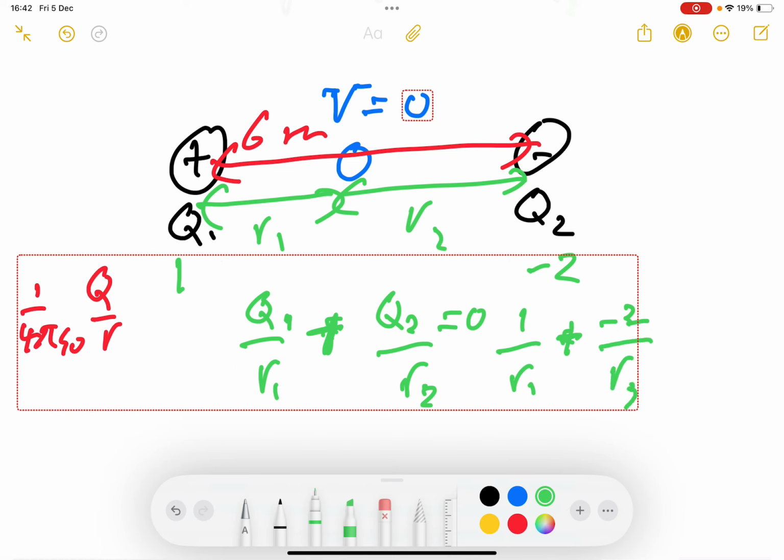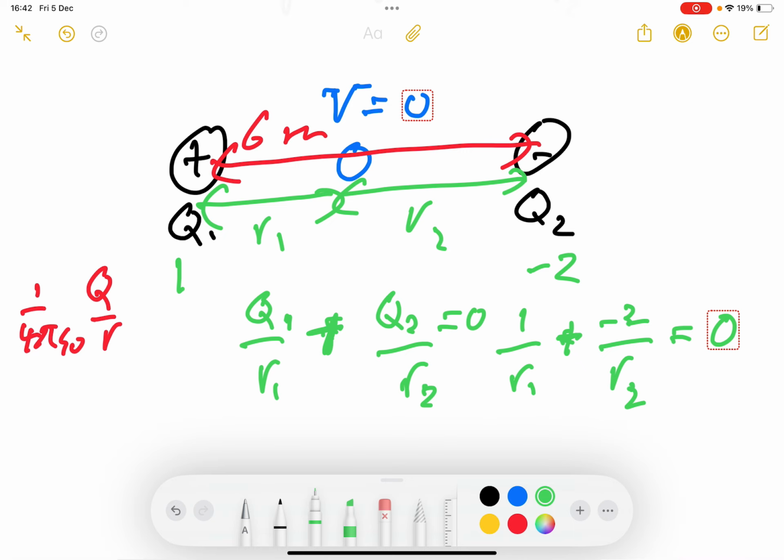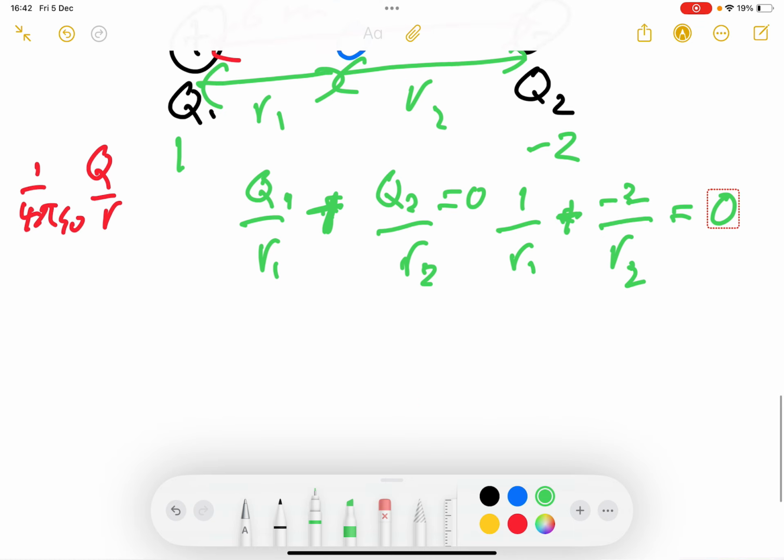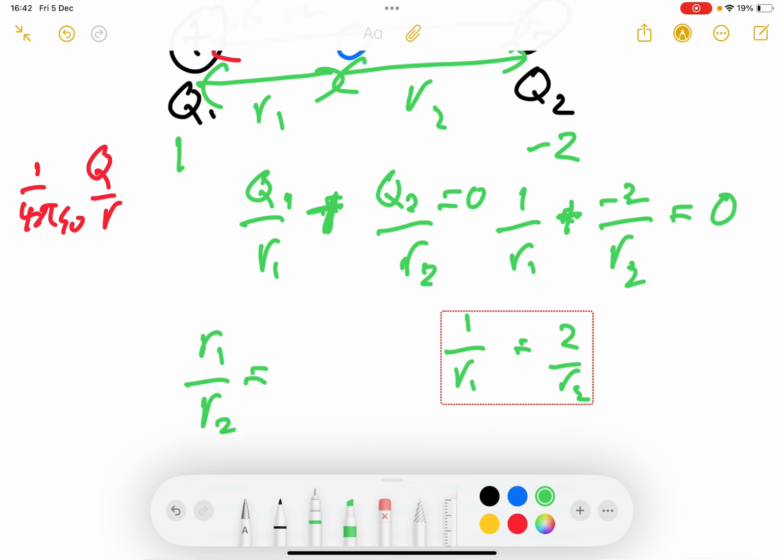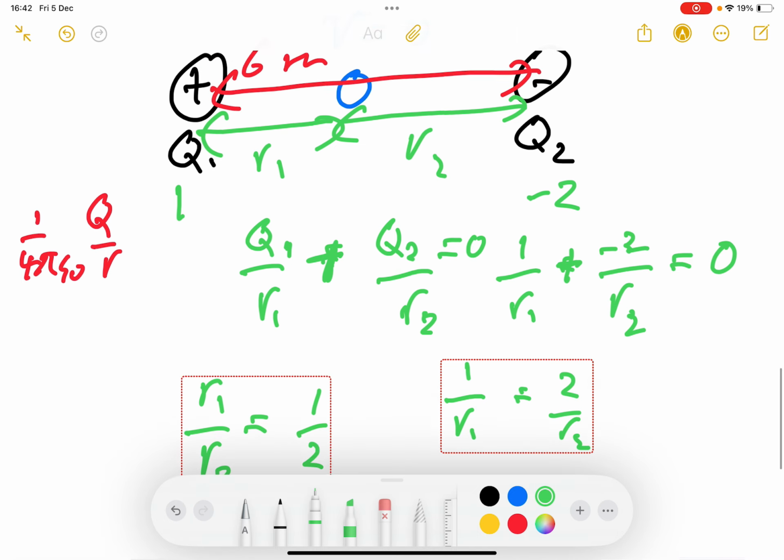So what I'm saying here is the potential from the left-hand charge plus the potential of the right-hand charge must equal 0. One of them is negative. So that gives you 1 over R1 equals 2 over R2. So R1 over R2 is equal to a half, or they're in a 2 to 1 ratio.